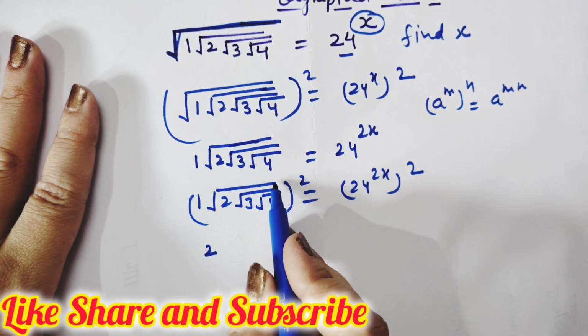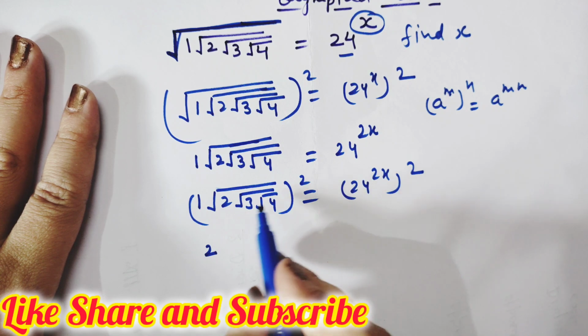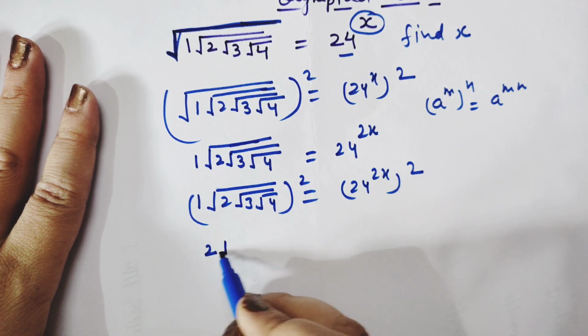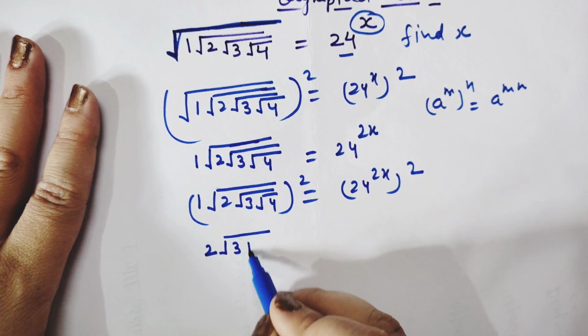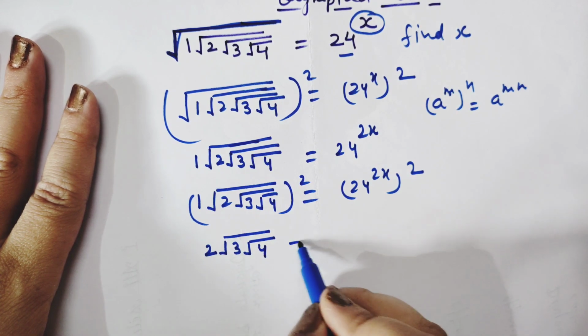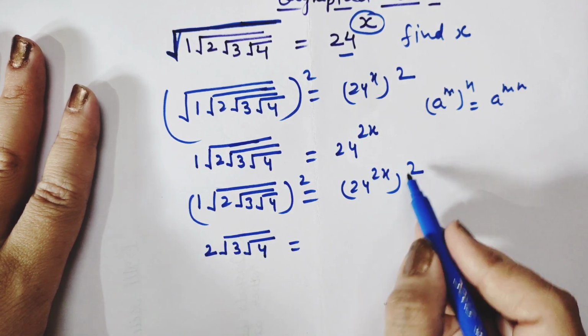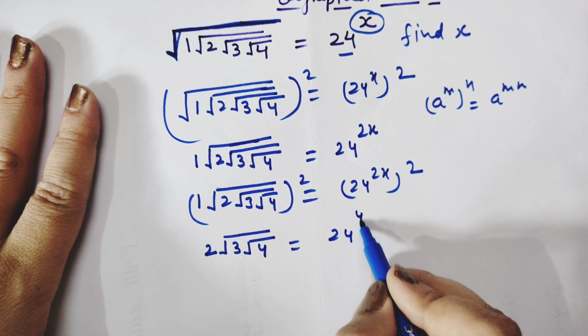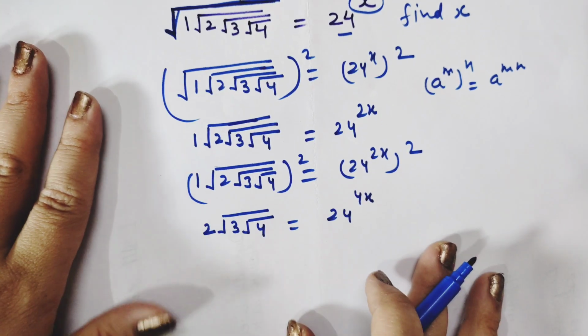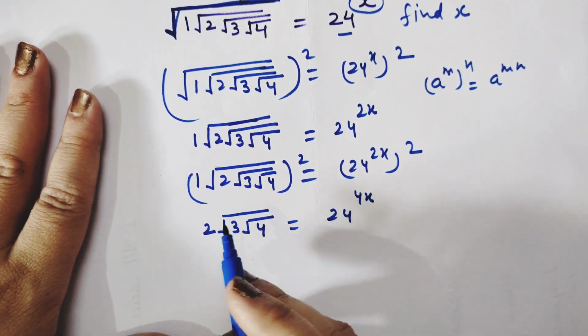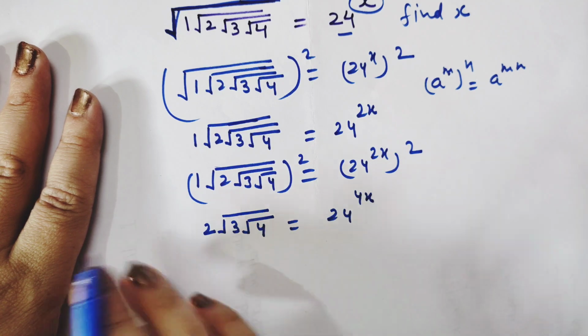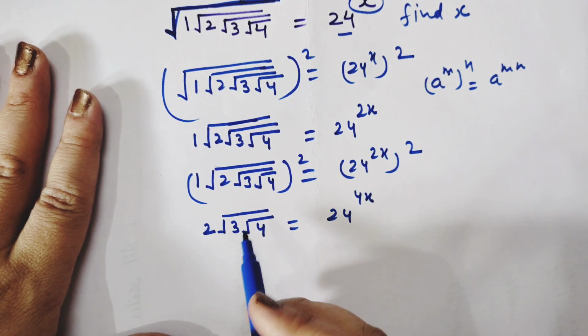This root 2 is cancelled out by this square, so only 2 is remaining, and the inside portion is root 3 under root of 4. And here 2 to the power 2 is 4, so we get 24 to the power 4x. After that again we are squaring both sides.